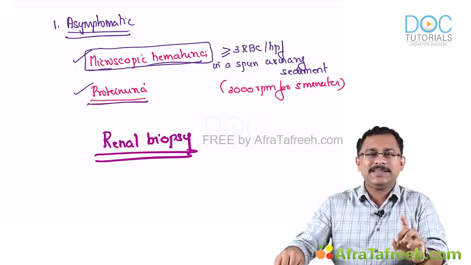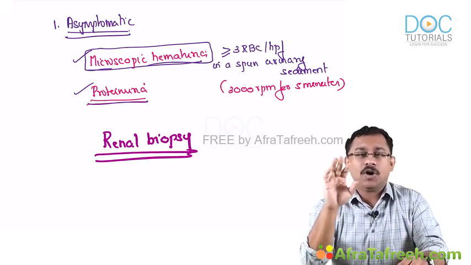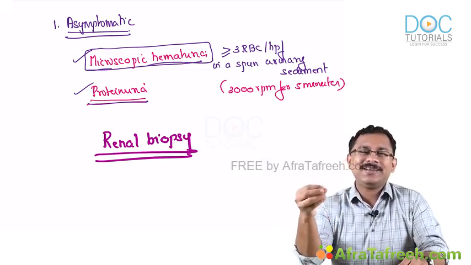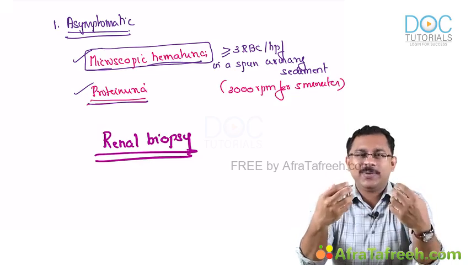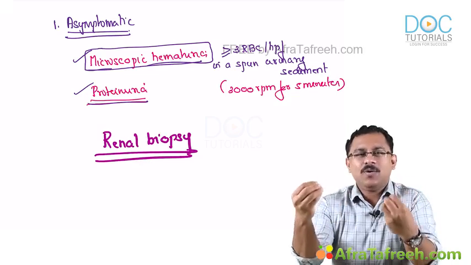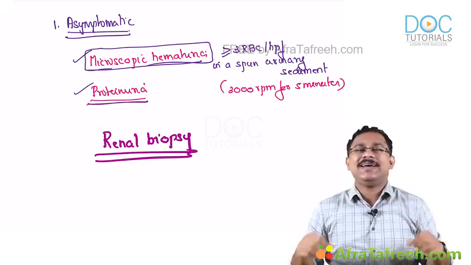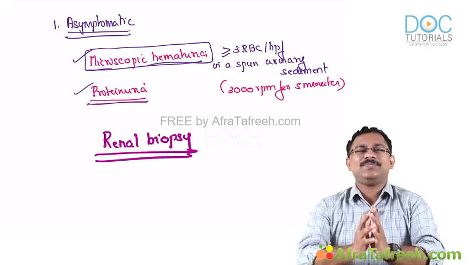Some patients in the early stages of glomerular disease may not have symptoms. All they might have will be a urine examination showing some findings. In that case, you have to evaluate the patient further to see what is the problem, so that whether you can intervene early or not, that is the question here. That is the asymptomatic presentation.